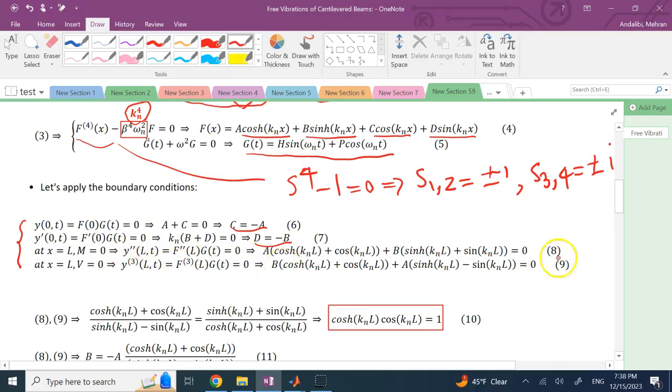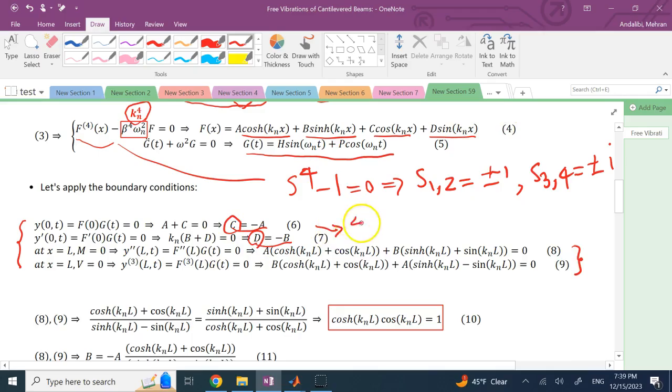If you get that, then you get these 2 equations, 8 and 9. Now you have to solve 8 and 9 for what? For the 2 unknowns a and b. And by the way, c and d have already been replaced back into 4.